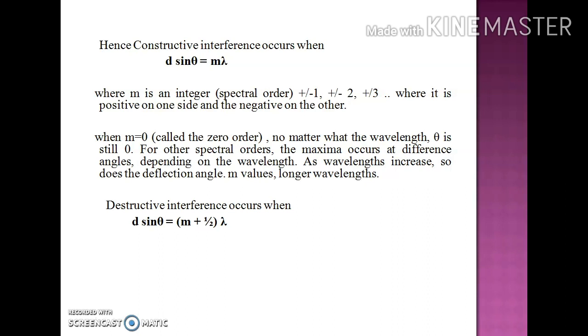For other values, the maximas will occur at different angles, and that will totally depend upon the wavelength of light used. As the wavelength increases, theta will also increase, right? The destructive interference condition is when the path difference is equal to (m plus 1 by 2) lambda, then we will get the dark fringes on the screen.